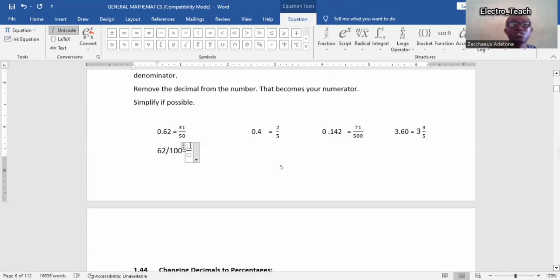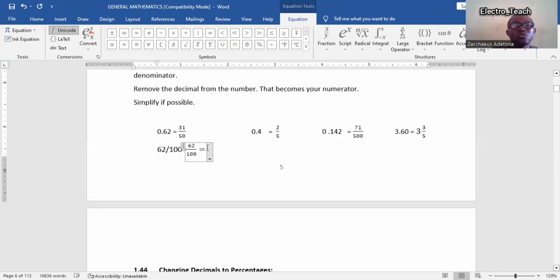So we have 62 divided by 100. Now, you look at the result you have here. If it's not the simplest term, then you make it become the simplest term by dividing through by a factor. Now, the factor that is common to the two of them here is 2.